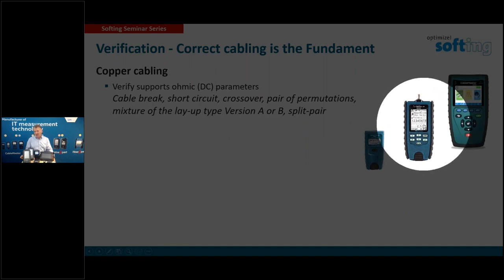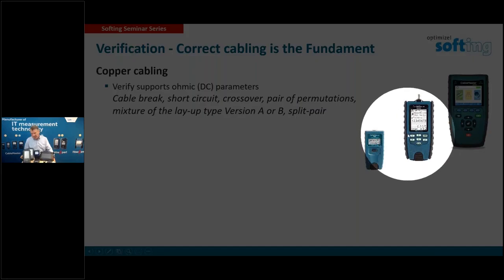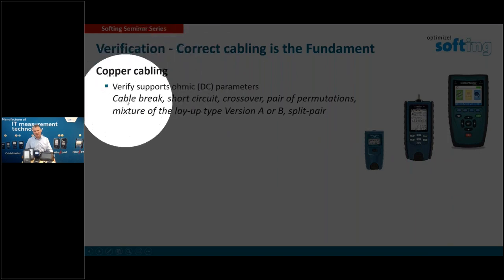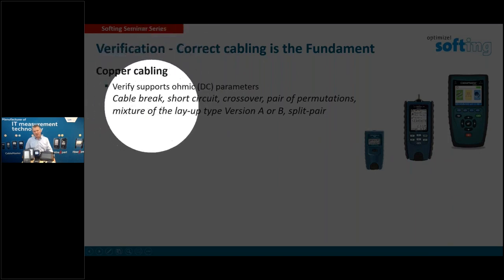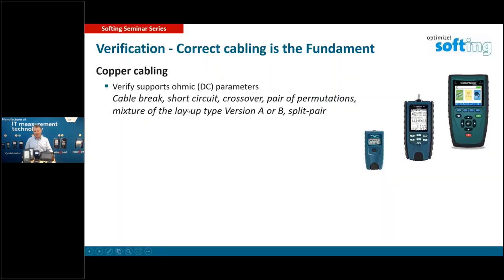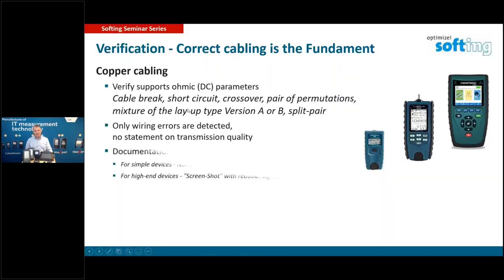That's not possible with the Cable Master 500, because it measures the length in a capacitance way. That means it could check where the break is and at which distance, but it cannot detect the distance to a short circuit. That's an important thing.